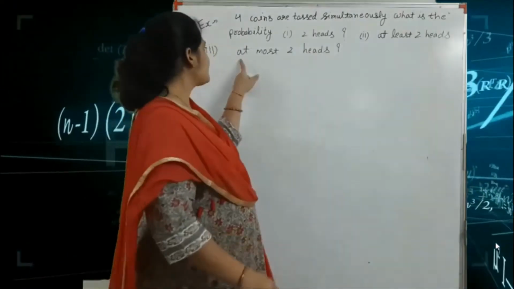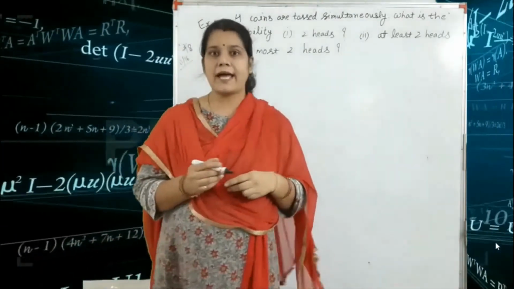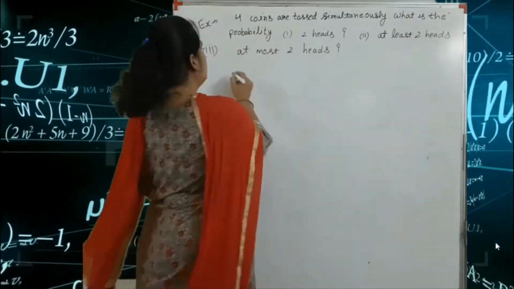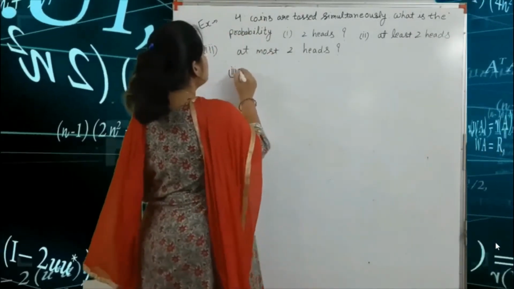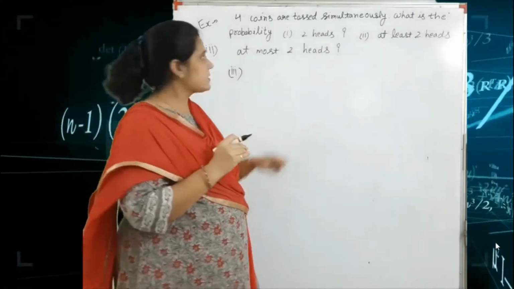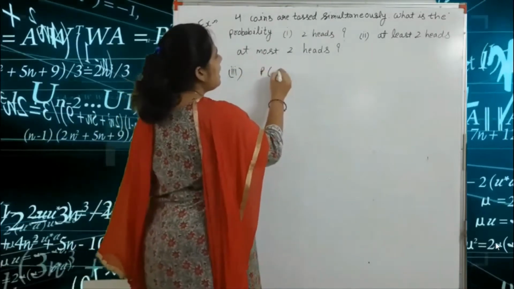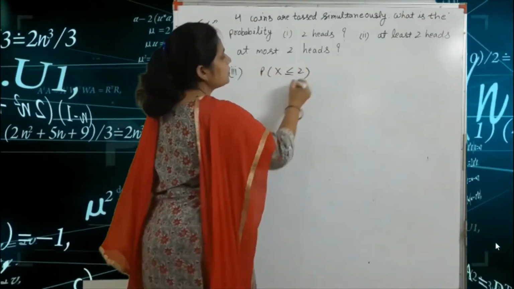So our last question is at most two heads if four coins are tossed simultaneously. So we write here P(x ≤ 2).